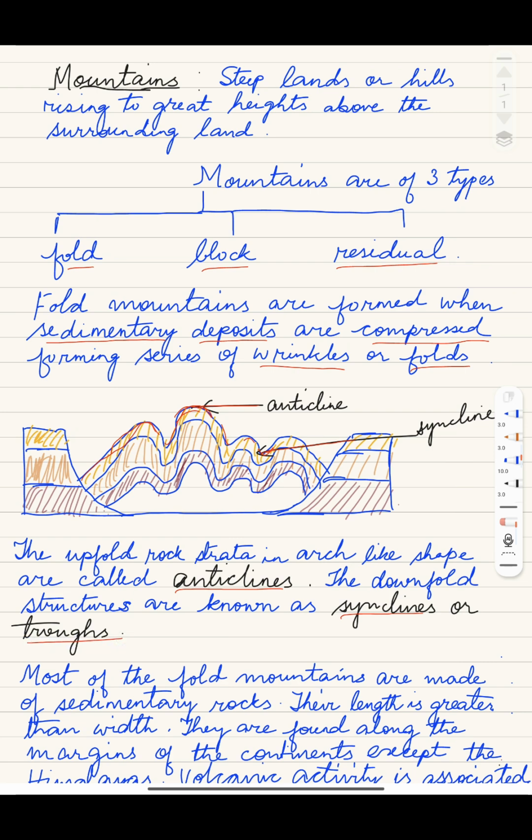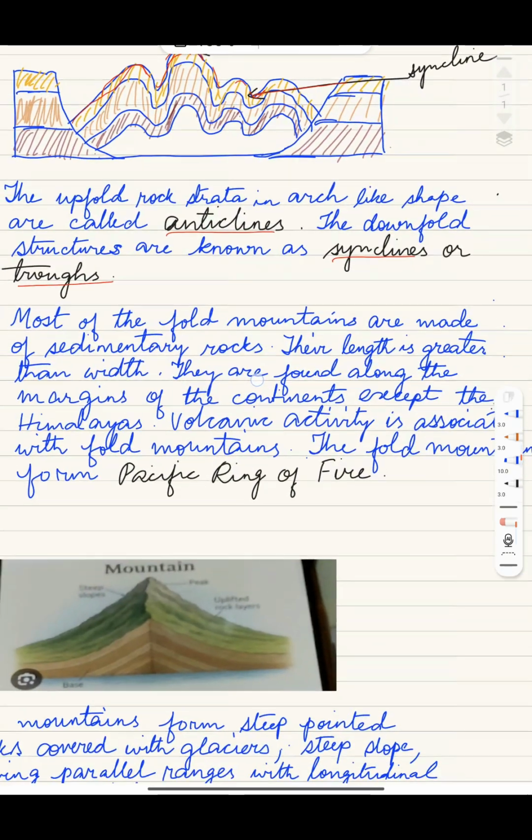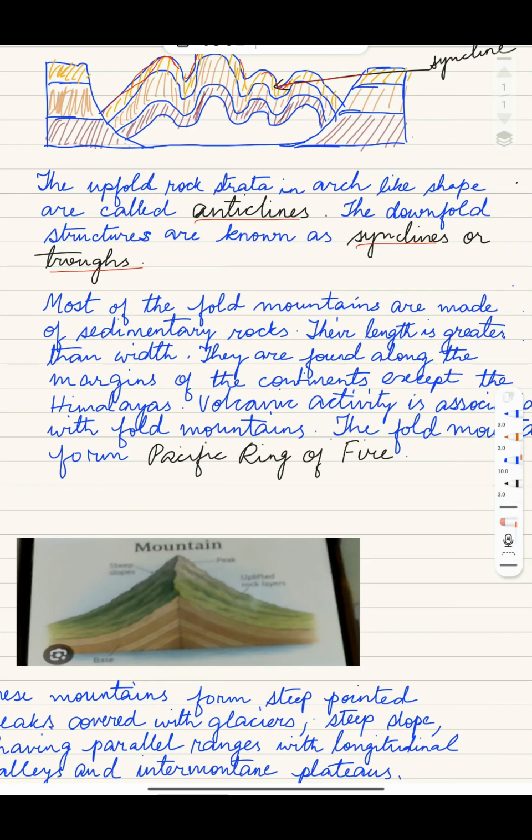Now, most of the fold mountains are made of sedimentary rock. Their length is greater than width. These are all different characteristics, children. Number 1, made up of sedimentary rock. Number 2, length is greater than width. Number 3, they have anticlines and synclines.